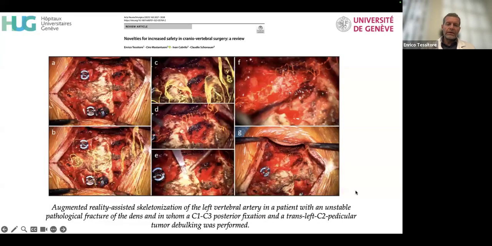We implemented microscope-based augmented reality after exposure. You might see the merging of the fake to the real image, and perfect overlaying at the level of the C1, C2 posterior arches. And we segmented the vertebral artery on the Elements viewer of the Brainlab the day before.